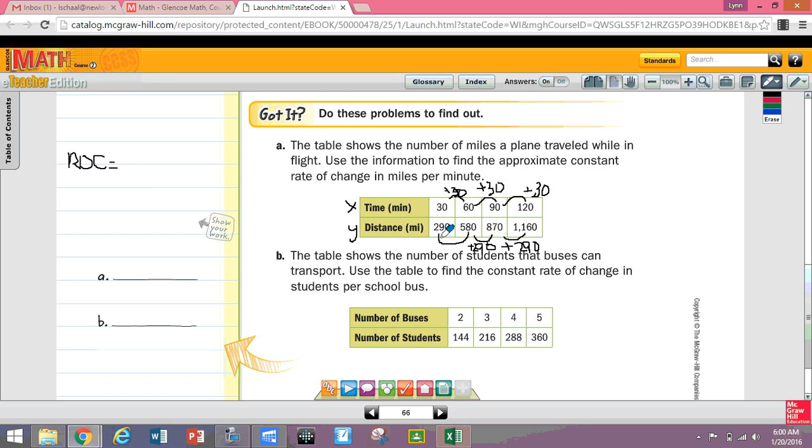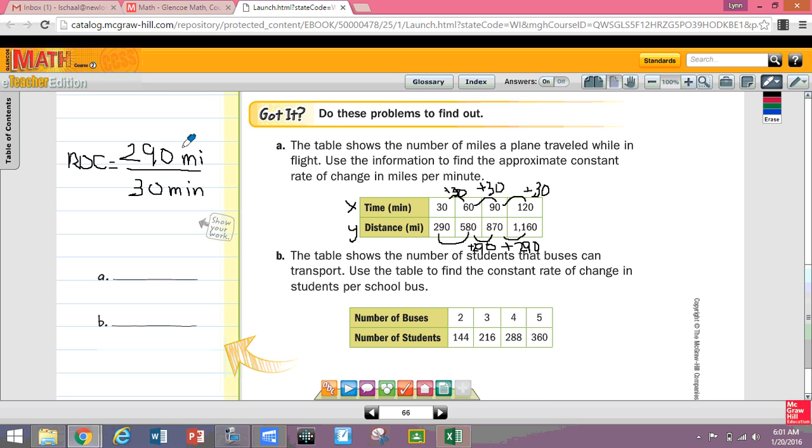This is y. My change in y is 290, and we label it miles, over my change in x, which is 30 minutes. Okay, that would be my rate of change.